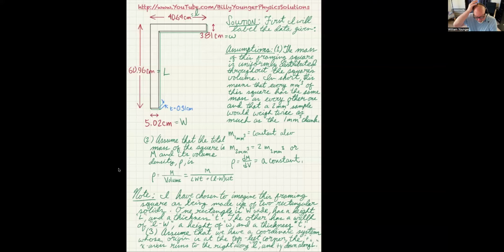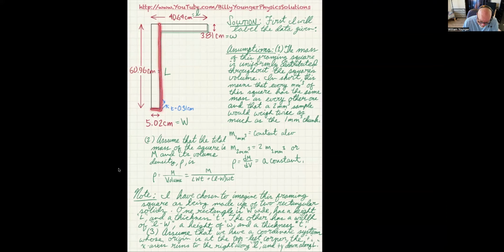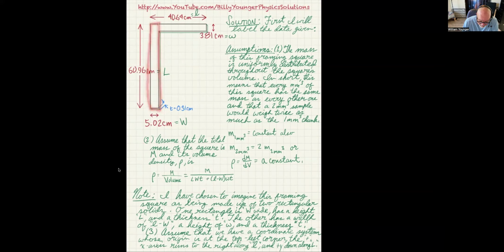volume. So what I've done is I divided the volume up into two separate rectangular solids. One rectangular solid is this guy right here. And you see that guy has a height L, a width W, and a thickness T. So that's why I write L times W times T. And then this part, notice that L, lowercase l, goes all the way to there.